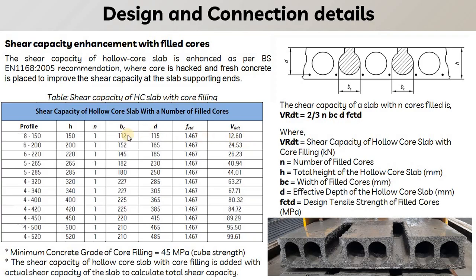Then it is required that one number of core has to be filled for achieving this particular shear capacity. So it depends upon the design criteria. So it is always recommended to check with the design which cores have to be filled to enhance the shear capacity of the slab.